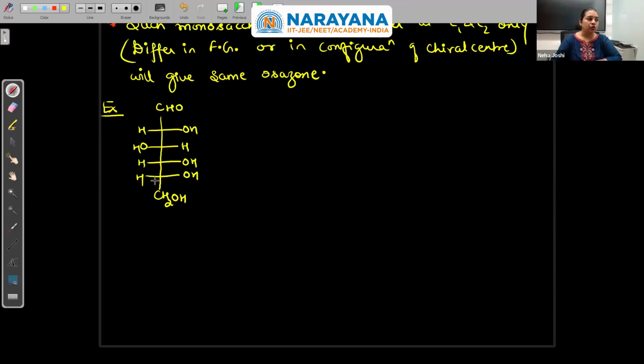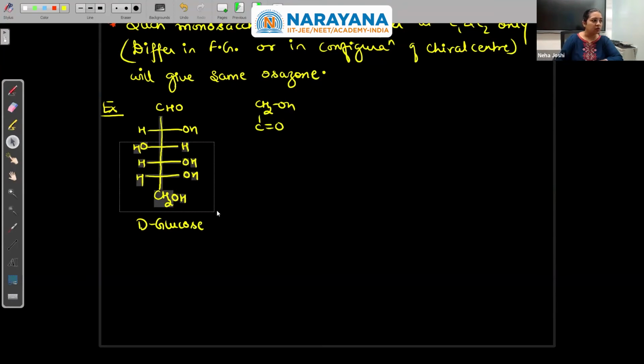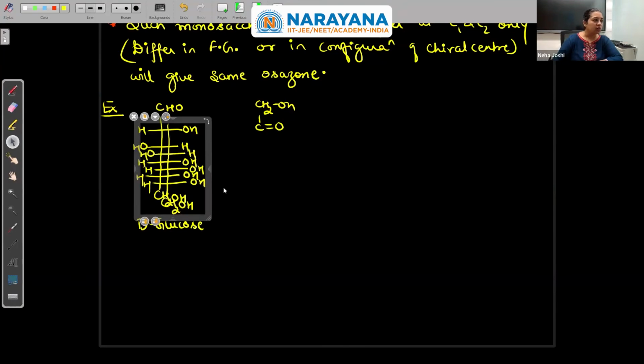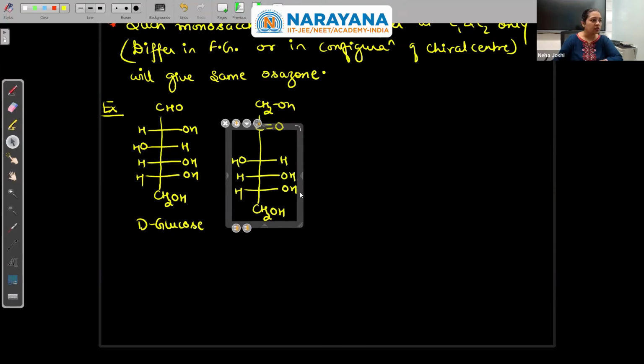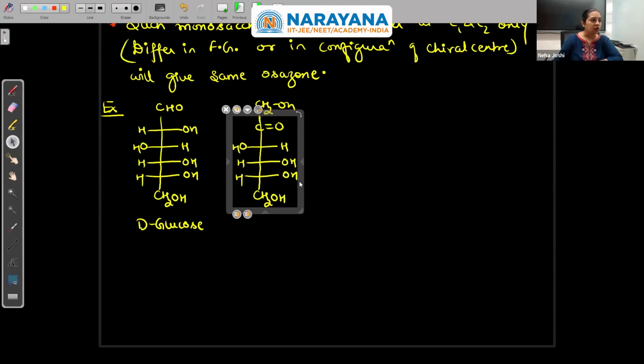So this is D-glucose, an aldohexose. If I draw D-fructose, the first two carbons change, and the rest is just a repeat.